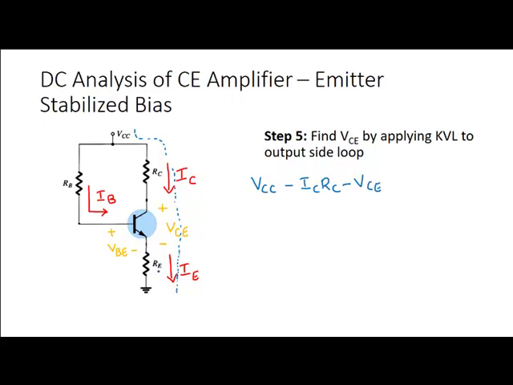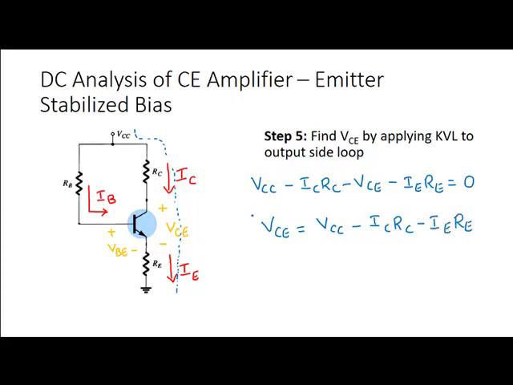Then we encounter the resistor RE, so minus IE RE is equal to 0. VCE is equal to VCC minus IC RC minus IE RE.